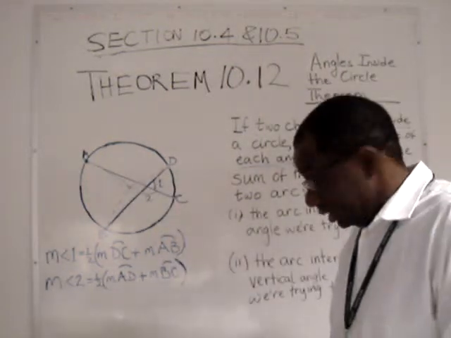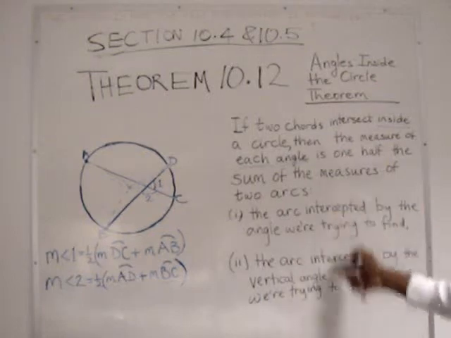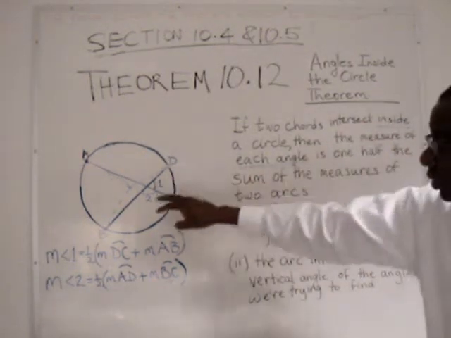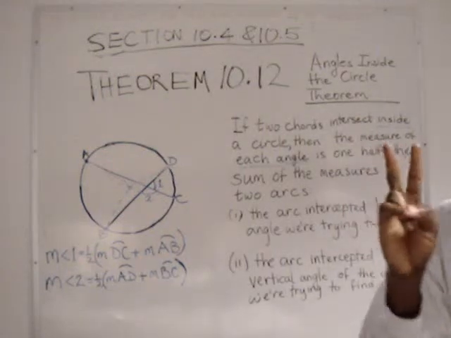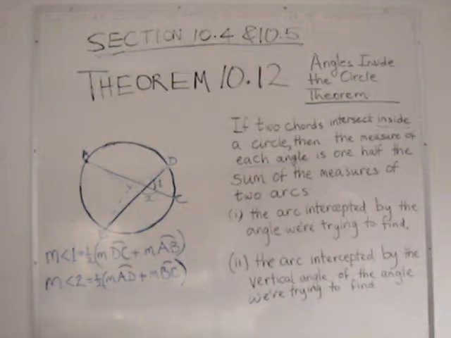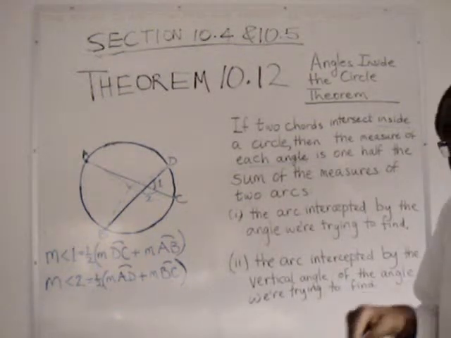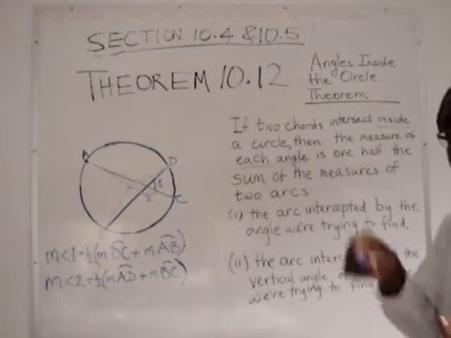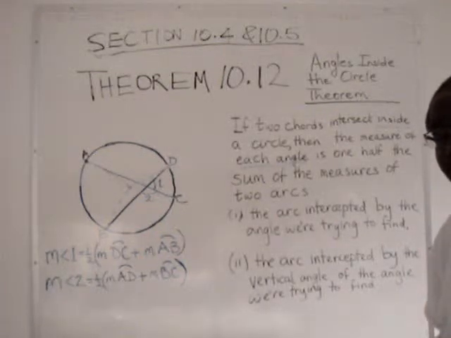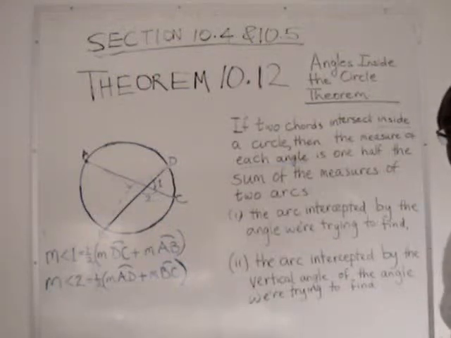So the steps involved: identify which angle you're talking about, then identify the two arcs that are relevant for that particular angle, meaning the first arc is the one that the angle itself intercepts, and the second arc is the one intercepted by the angle that's vertically opposite to the angle we're trying to find.